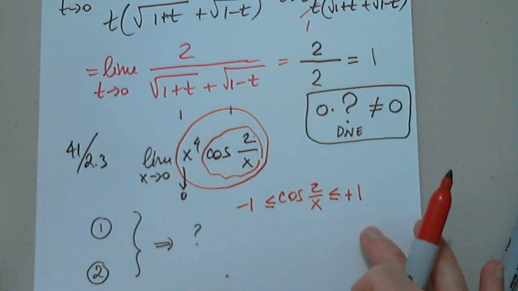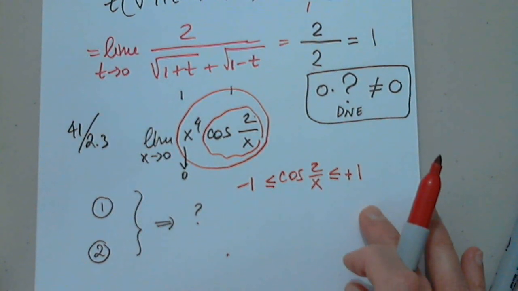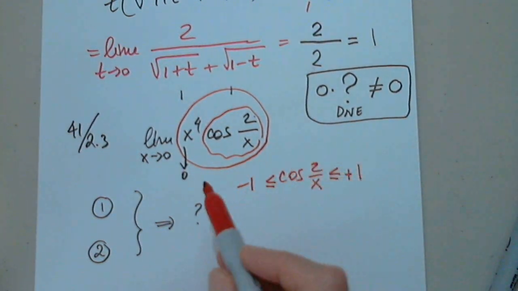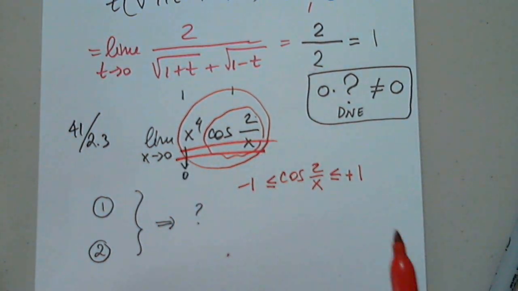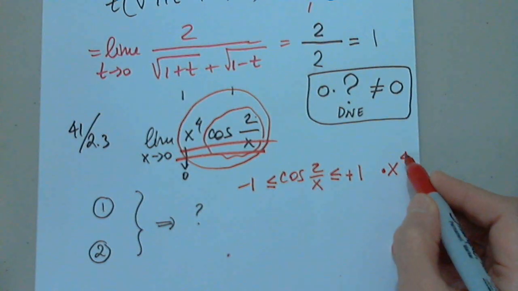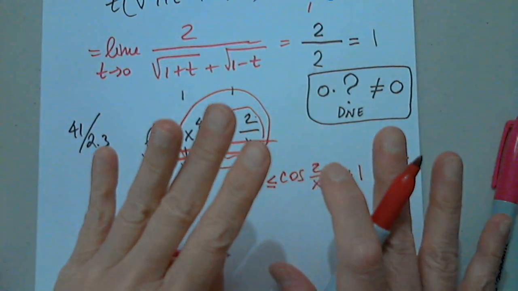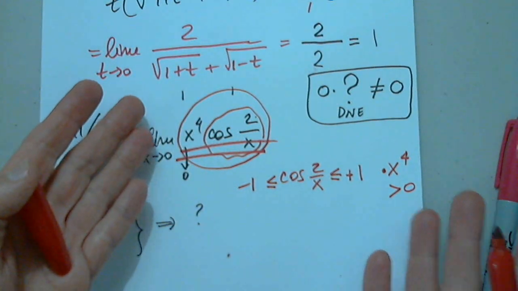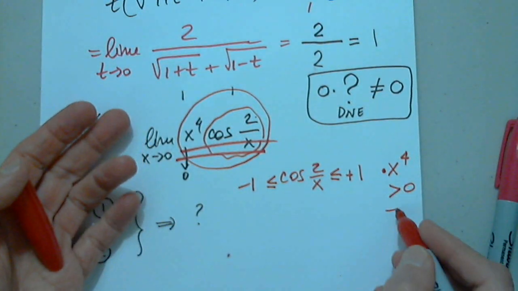So what should I do to all three sides in order to have this middle part, x to the 4th cosine 2 over x? What should I do to all three sides of this inequality? Multiply by x to the 4th. Exactly. All three sides. I have to be careful because this has to be greater than 0, and it is. X to the 4th is always positive, and never 0.